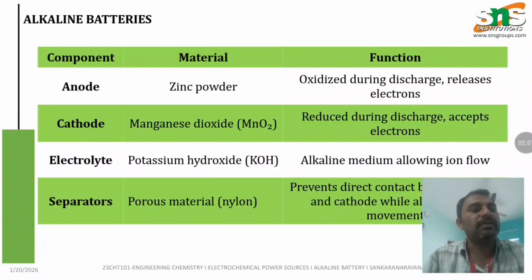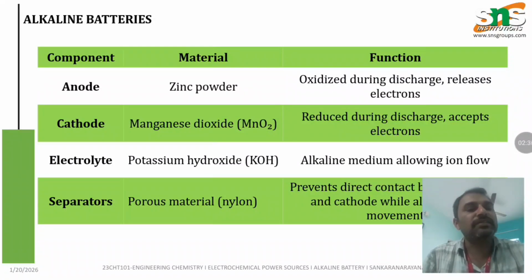Oxidation will happen at the anode and reduction will happen at the cathode, so the cathode is ready to accept the electrons. In the other case, potassium hydroxide acts as the electrolyte solution, allowing the ions to flow within the alkaline medium.